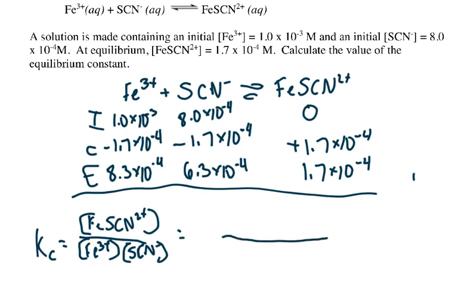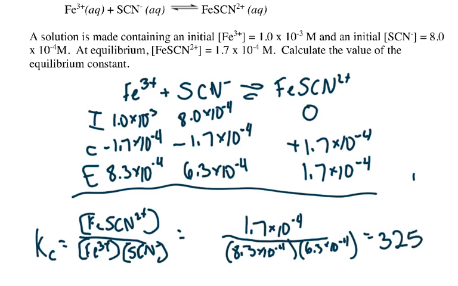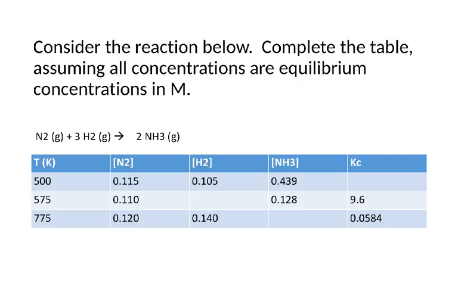And so my Kc is going to be 1.7 times 10 to the minus fourth divided by 8.3 times 10 to the minus fourth times 6.3 times 10 to the minus fourth. If I do that math, I get an answer of 325, which is the correct answer.